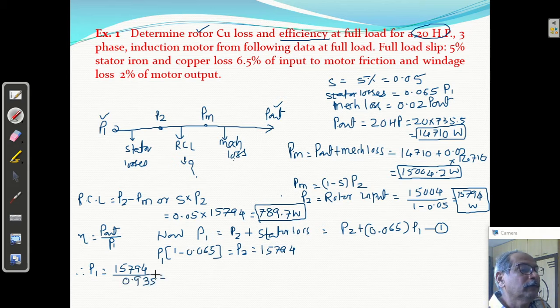If you do it, we get 16,891 watt. We got P1.